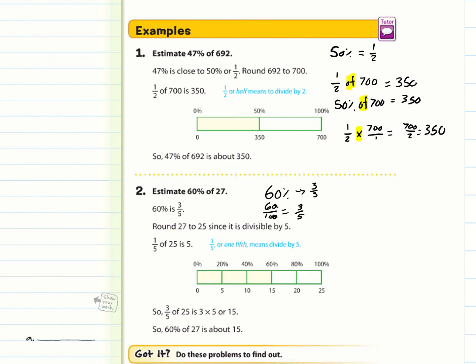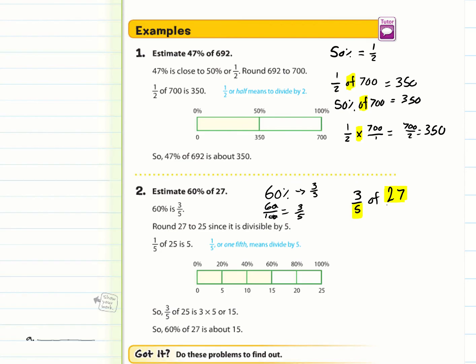So that's why 60% is 3/5. Now, so we have 3/5 of 27. So we did this in the previous lesson where we want our whole number here to be compatible with our denominator here.